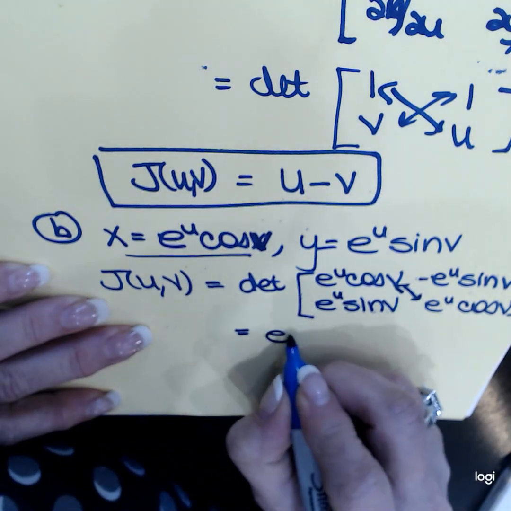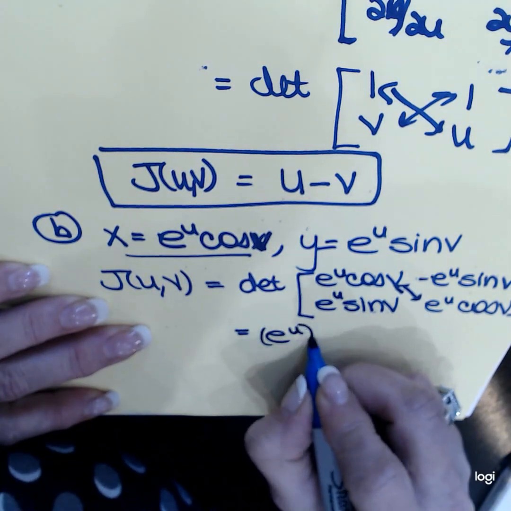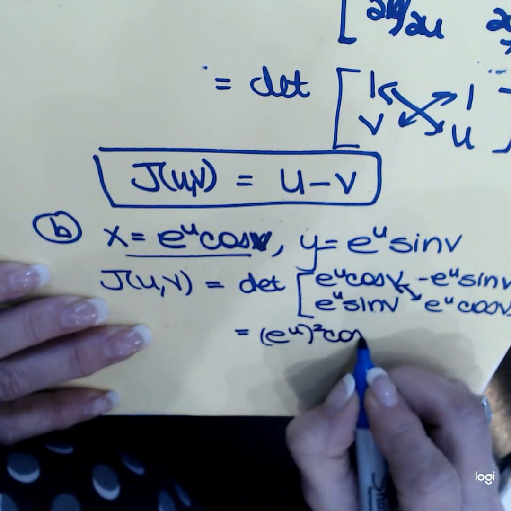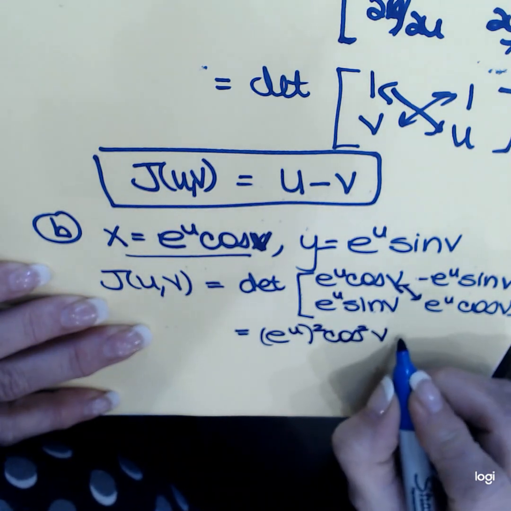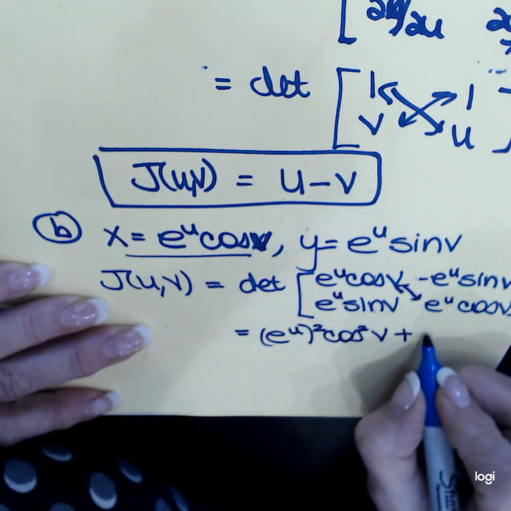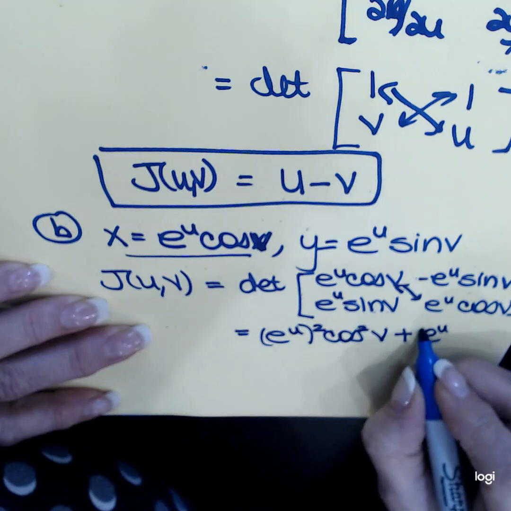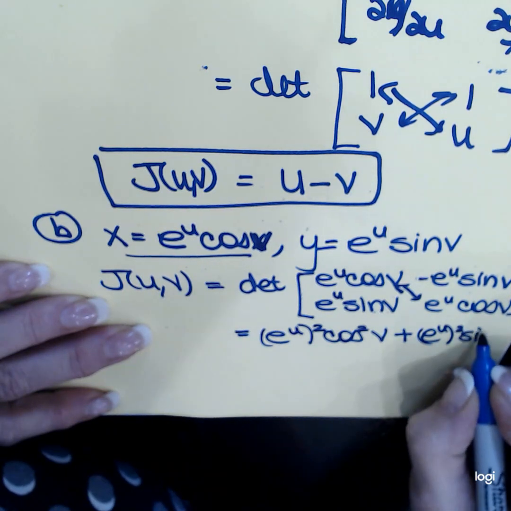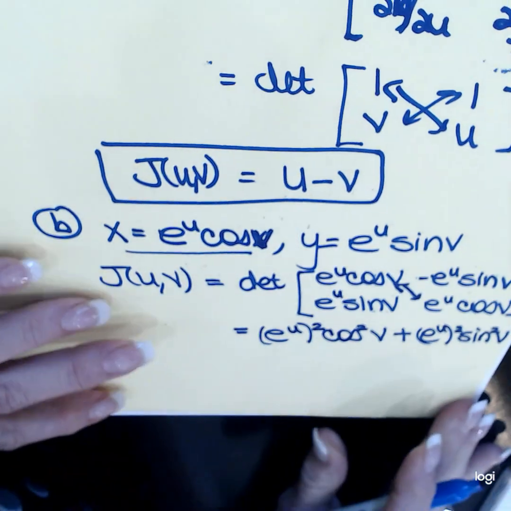So I'm going to get e to the u squared cosine squared of v minus a negative e to the u squared times a sine squared of v.